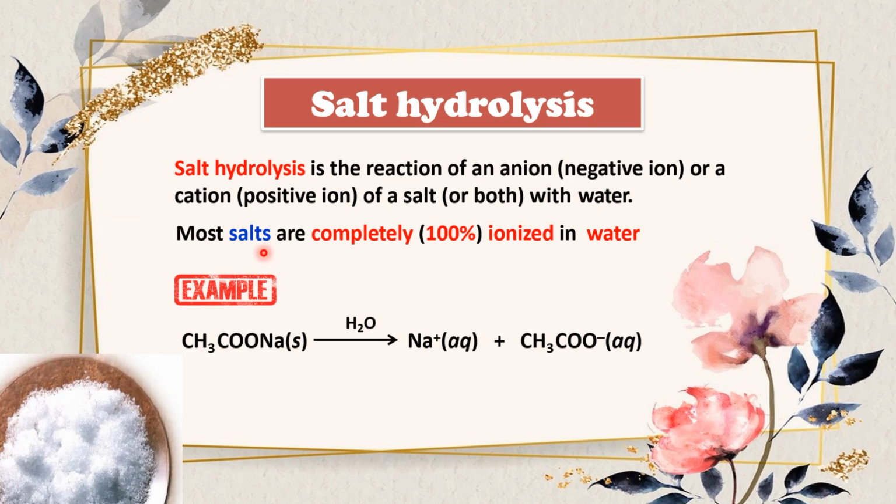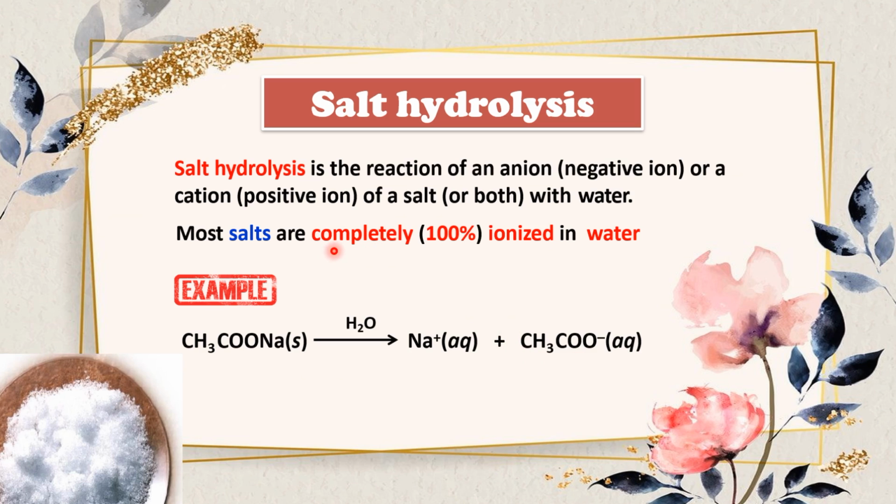Salt hydrolysis is the reaction of an anion or a cation of a salt with water. So most salts are completely 100% ionized in water. For example, solid sodium ethanoate is 100% ionized in water and it will form sodium ion and ethanoate ion.